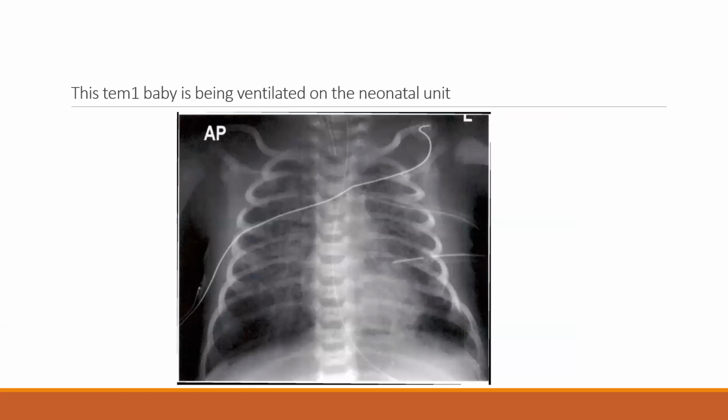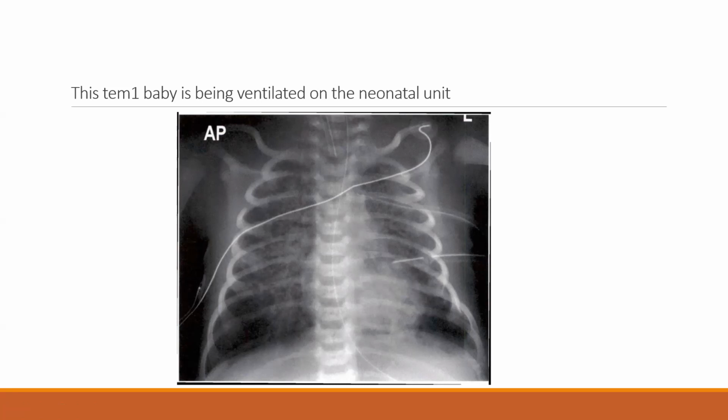And it is a term baby who was ventilated on the neonatal unit, and you see a day one baby. Day one term baby and ventilation was done, and this is the X-ray. You have to be careful with this X-ray. If you remember, it will be very helpful for you.